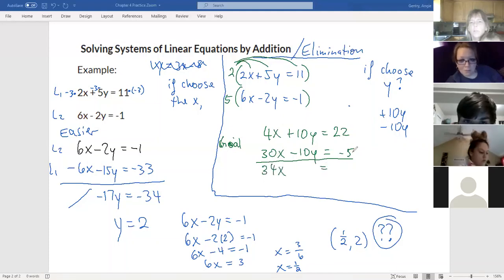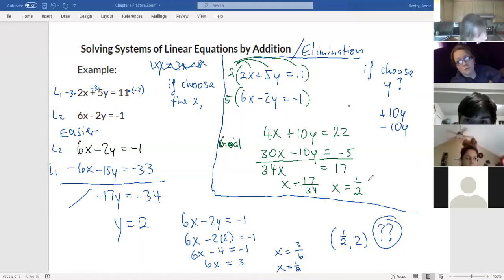And 22 minus 5. So x is 14 over, this gives me great hope, it's not 14, 17. X is divided by 17, divided by 17, you see? Calvin, I need for you to wait, go watch Barney. And when you come back, you get to play on my computer. Oh my word. So if this is a half and then I plug it into either, I'm going to assume I get a 2. Does this help clarify at all?